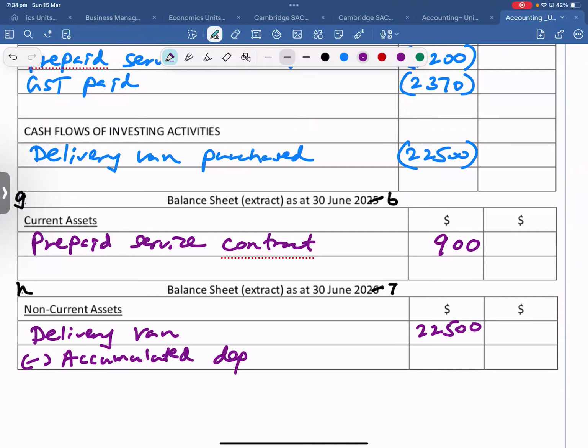Accumulated depreciation as at 30 June 27, how much? 4,000. Everyone is okay? Why? The first year it was 800, the second year it's 3,200. So altogether 4,000. Then 18,500. Good.